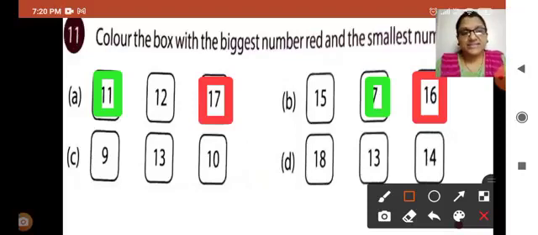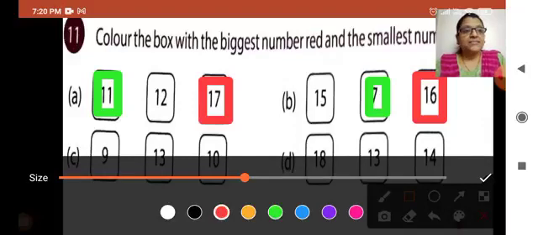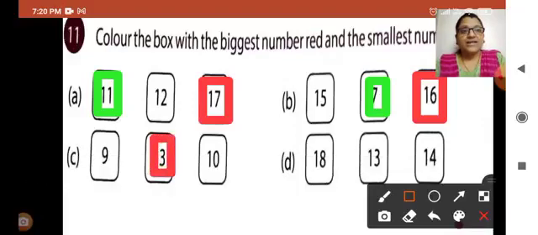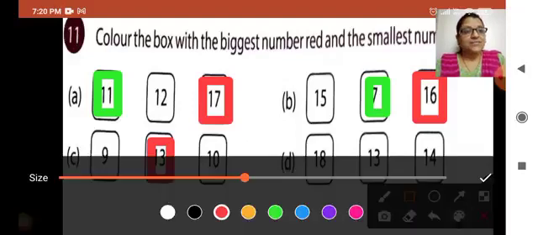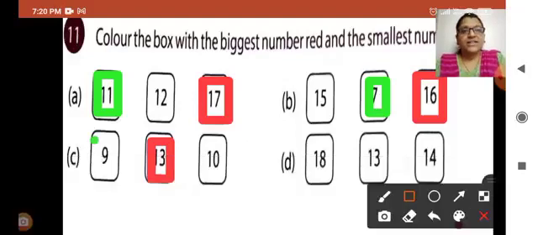Now let us take next example. Number 9, 13 and 10. Here, number 13 is biggest number. We'll color it with red color. And number 9 is smallest number. We will color it with green color.